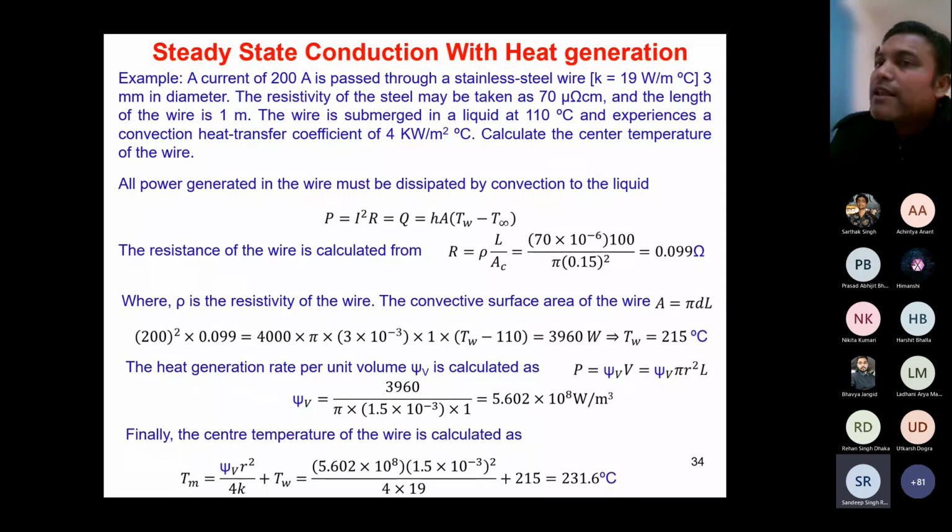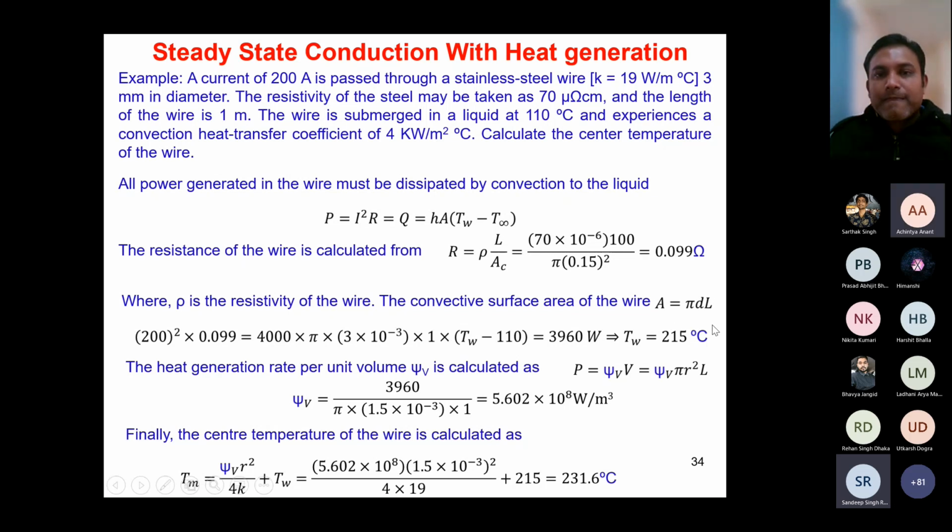When we are calculating the resistance, there we are looking at the cross-sectional area of the wire. Cross-sectional area of the wire is going to be what? Circle. Correct. So that's why we have used pi d square here. But in this case, we are looking at the heat transfer from the outside of the wire to the liquid, isn't it? So in that case, we have to look at circumferential area. That is going to be pi dL.